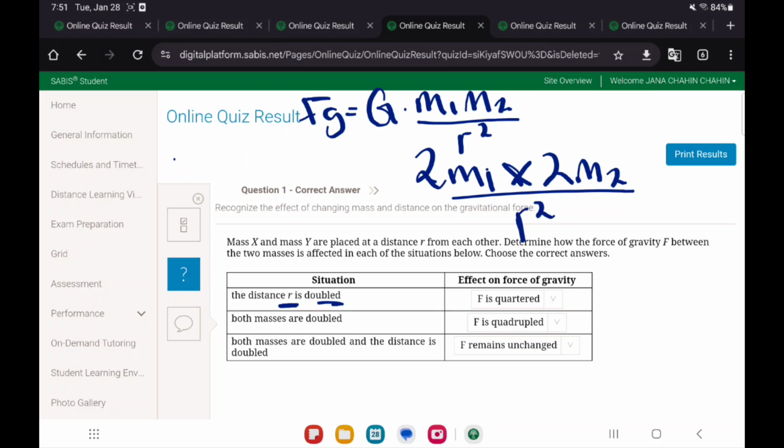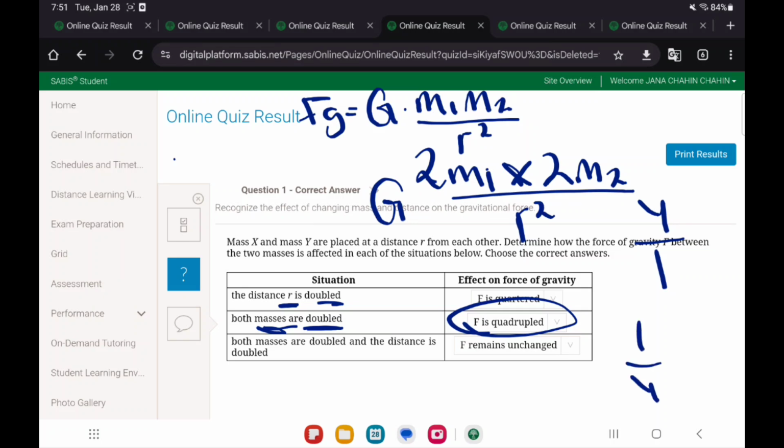Let's put the G so you don't think I forgot it. So here it will be 4 over 1, so when both masses are doubled, F is quadrupled. Quartered is 1 over 4, quadrupled is times 4, okay?